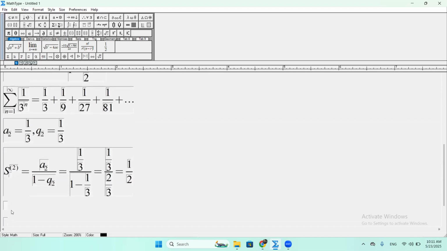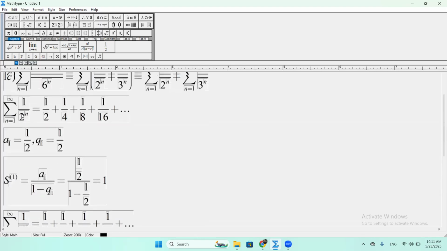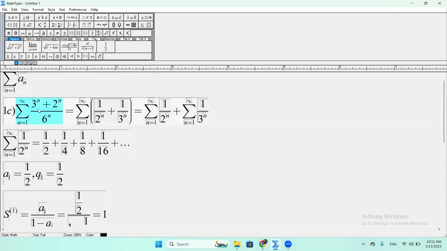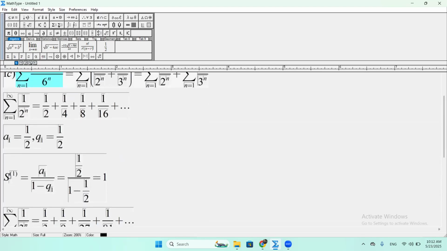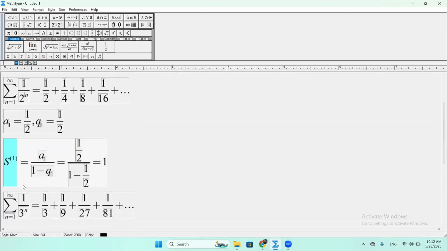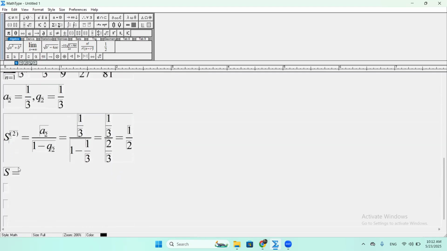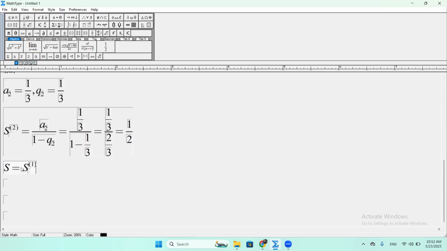So the sum of the initial series will be equal to the sum of these sums separately: S1 plus S2. So it will be equal to 1 plus 1 over 2, so 3 over 2.